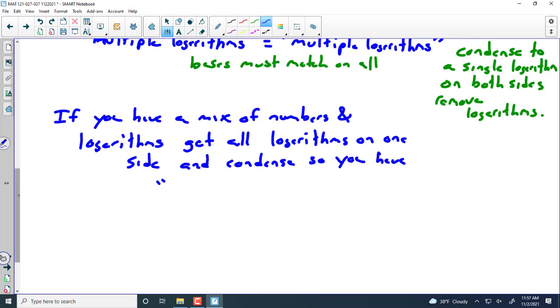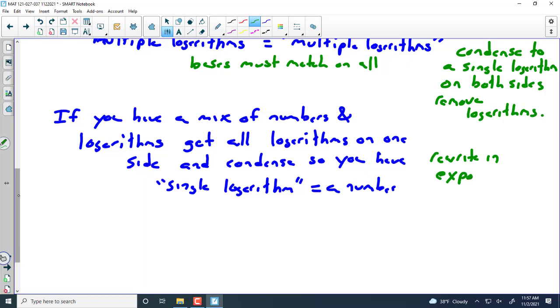So you have a single logarithm equals a number. And then you rewrite in exponential form. Class, if you got numbers and logarithms all mixed up everywhere, get all the logarithms on one side, all the numbers on the other side, get it so you have a single logarithm equals a number, and then rewrite in exponential form. I don't think we're going to see too much of that, just in case.